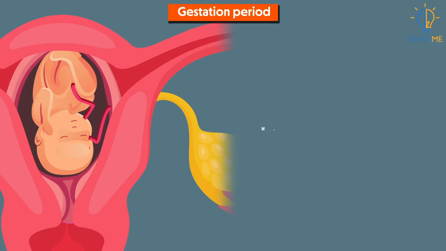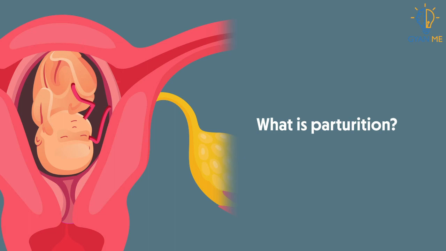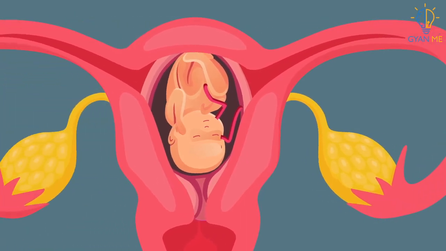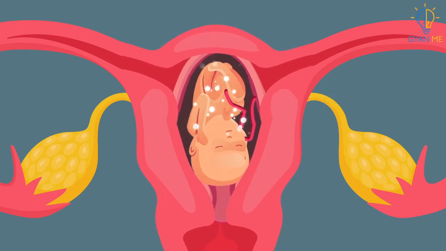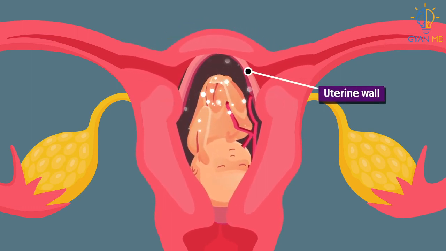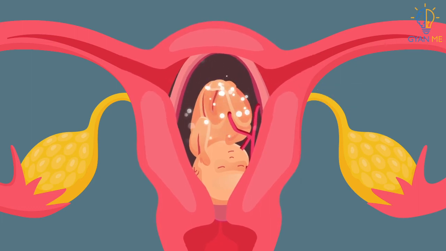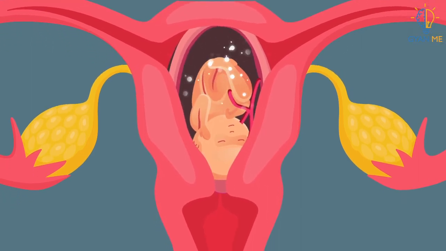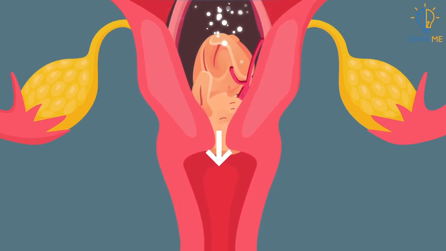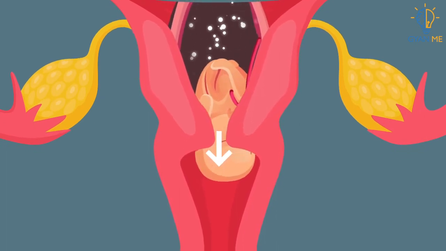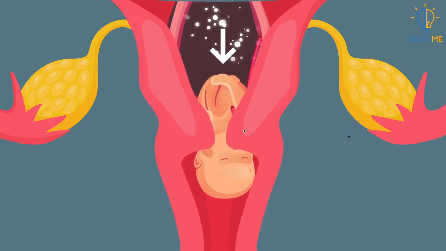Now you must be thinking, what is parturition? Let's see. At the end of the gestation period, the fully developed fetus is pushed out from the mother's uterus. The hormone oxytocin stimulates strong contractions of the uterine wall, which provide force to push or expel the baby out from the uterus, causing childbirth. The baby is pushed slowly outwards through the birth canal.